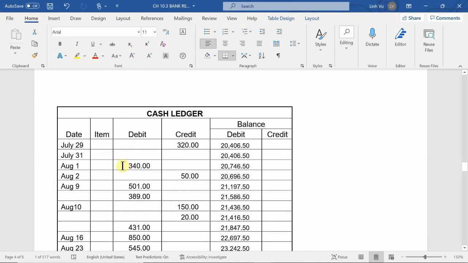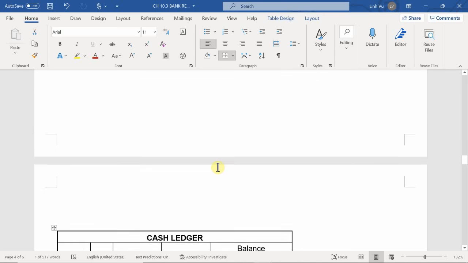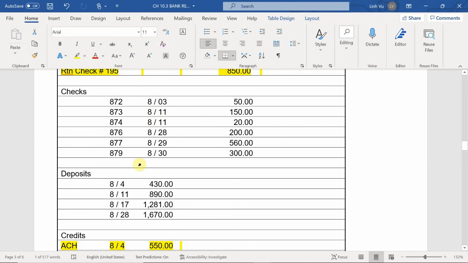What's the difference between the $430 and the $340? $90. Now, on this side, my books are incorrect. So am I going to be adding it into my books, or subtracting it out from my bank?